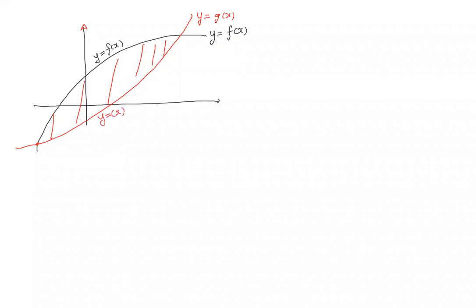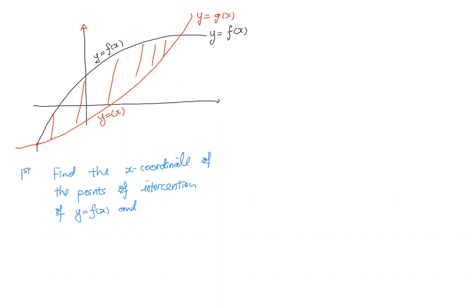The first step that you have to do is find the x coordinates of the point of intersection of y equal to fx and y equal to gx.